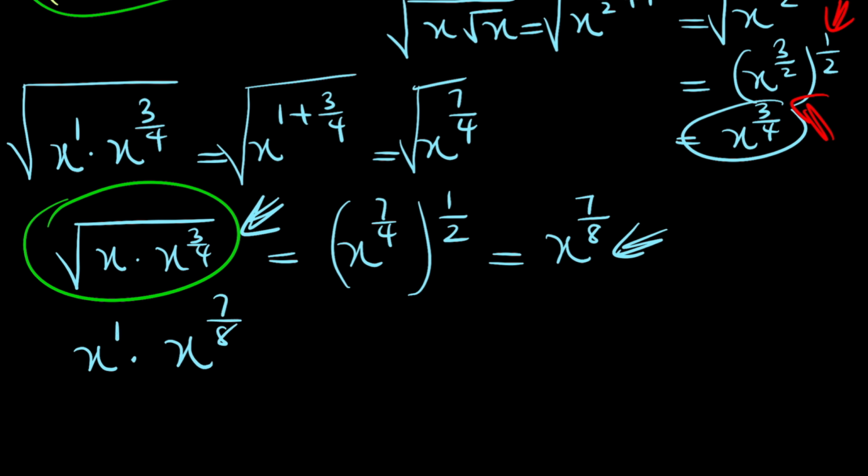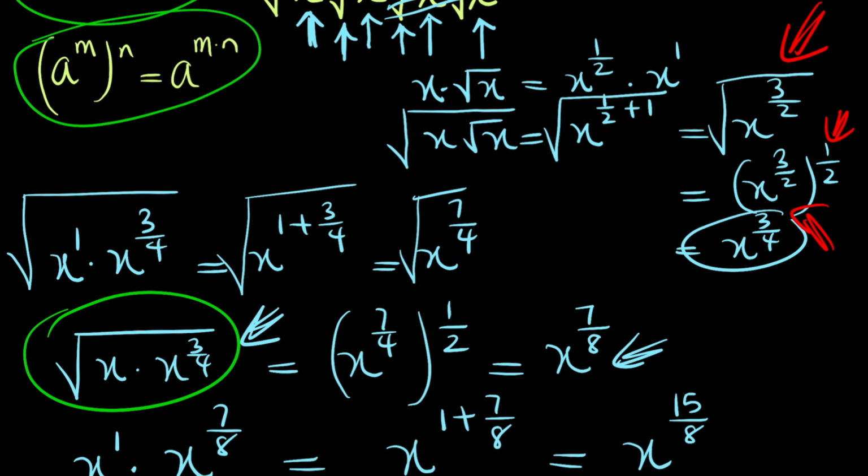This is x raised to power 1. And then we say x raised to power 1 plus 7 over 8. And that will give us x raised to power 1 plus 7 over 8 is simply 15 over 8. Because 8 times 1 is 8 plus 7 is 15, then over 8.